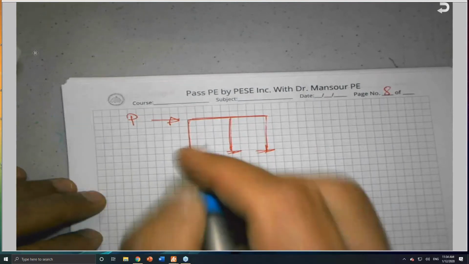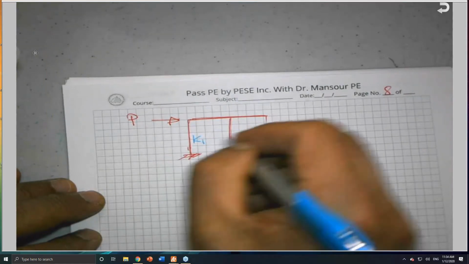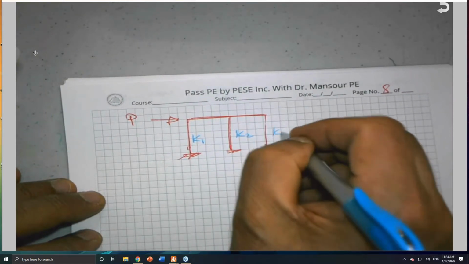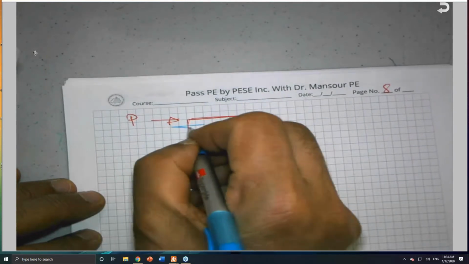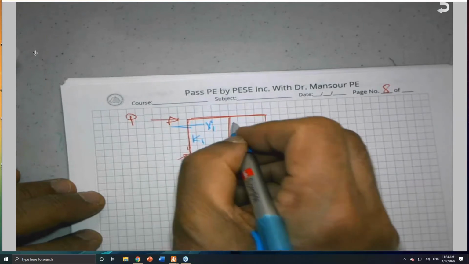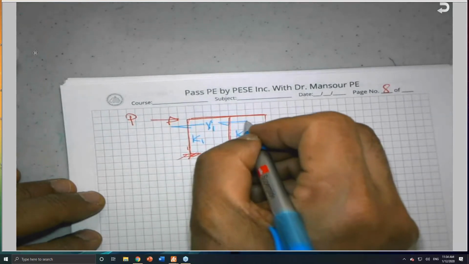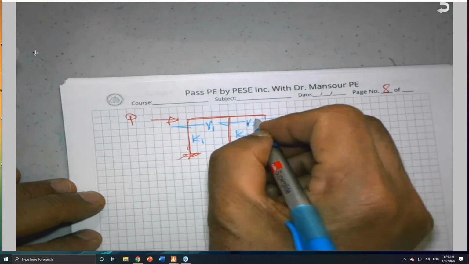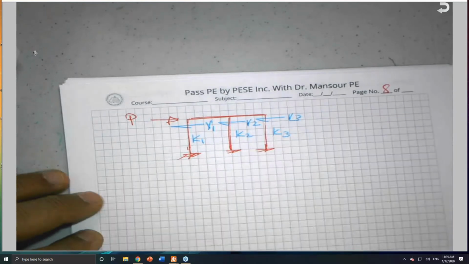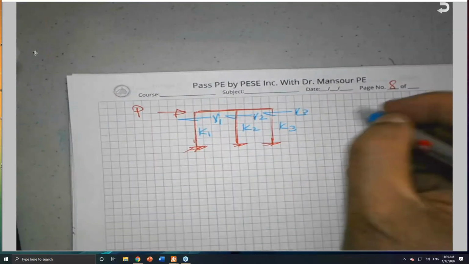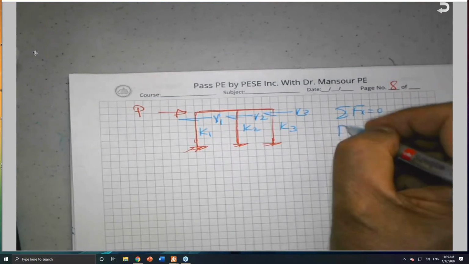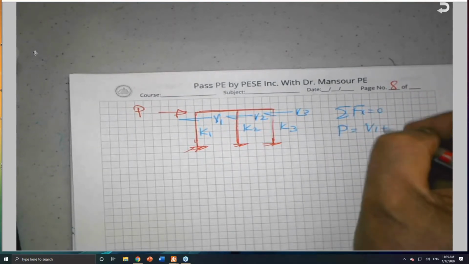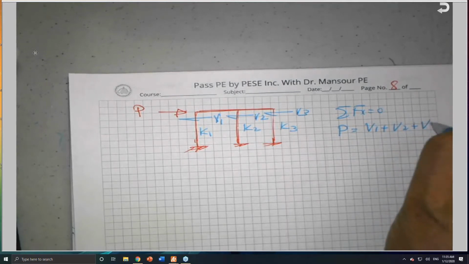This column has a stiffness K1, this column K2, and this K3. The shear here I will call V1. The shear for this is V2. And the shear for the third column is V3. Each column is carrying its shear, such that when you sum forces in the x direction equal 0, you'll find that P is equal to V1 plus V2 plus V3. Equilibrium.